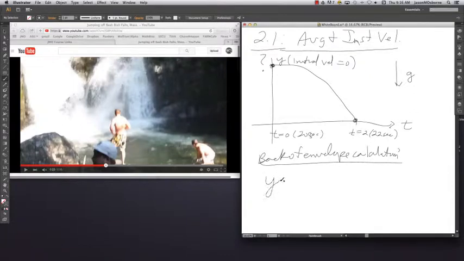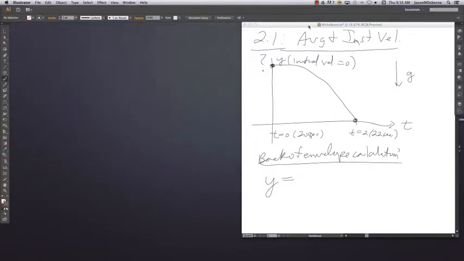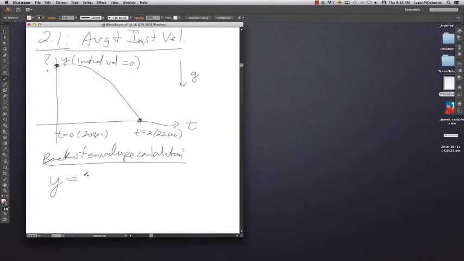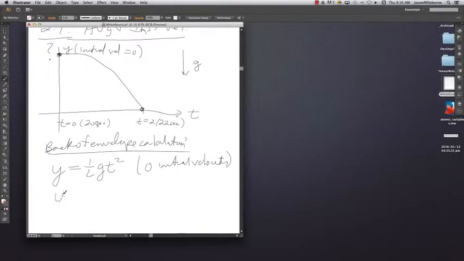Notice that if we want to figure out how high the object was, there's a physics formula, 1/2 gt squared. This is assuming a 0 initial velocity.